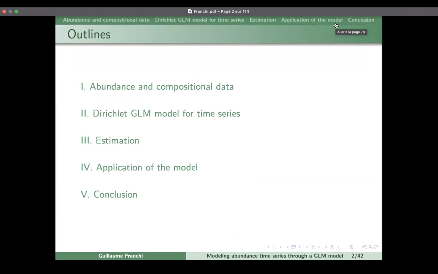Then I will present the model we try to build for abundance time series, which is based on a GLM framework and possesses some nice statistical properties, especially when it comes to estimation. And finally, we will try to apply those estimation results on both simulated data and a real data set.